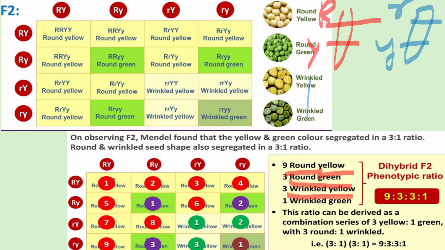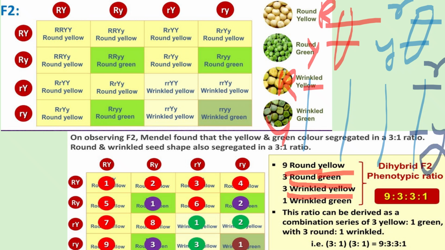But now you have four combinations, right? So one combination is the parental only, RY. The other combination is the parental only, small r, small y.